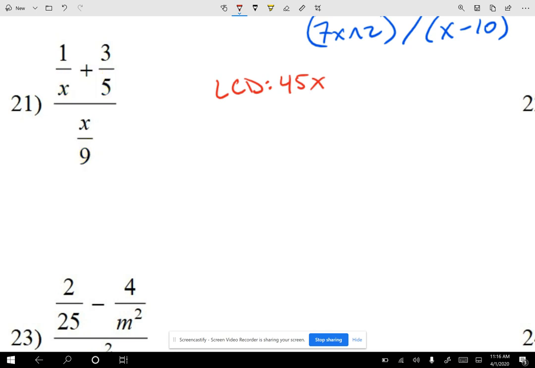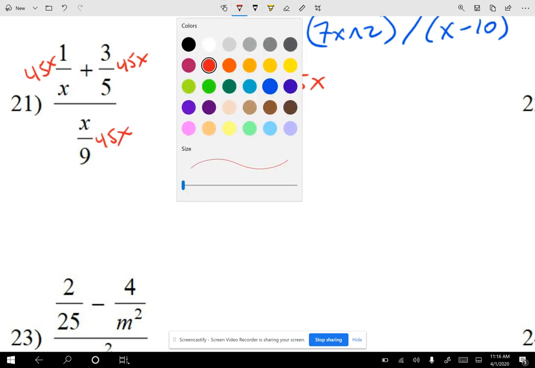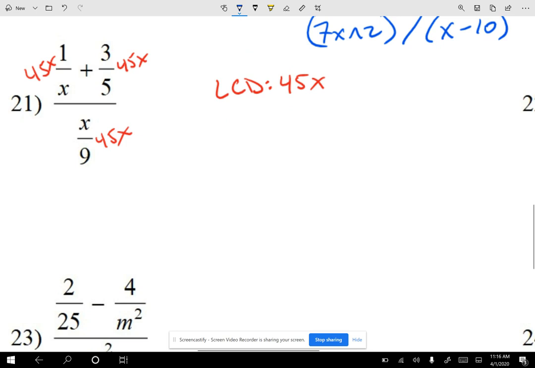All right, so let me multiply each of my fractions or each of my terms by 45x. That's my LCD. Now here, this x with this x cancel out. So I'm just paying attention on the top. Those x's cancel out. So 45 times 1 gives me 45.